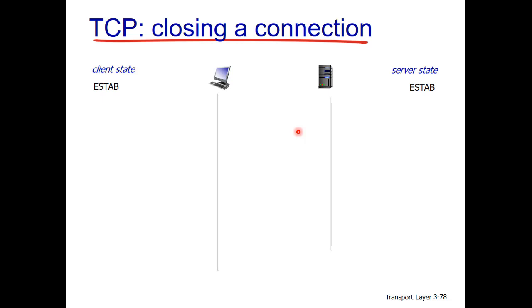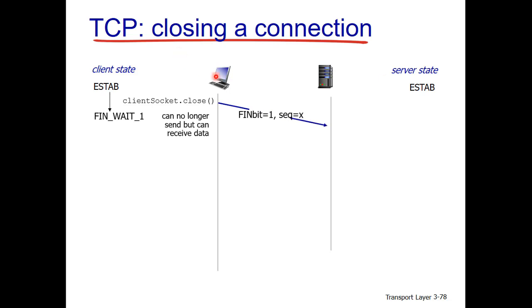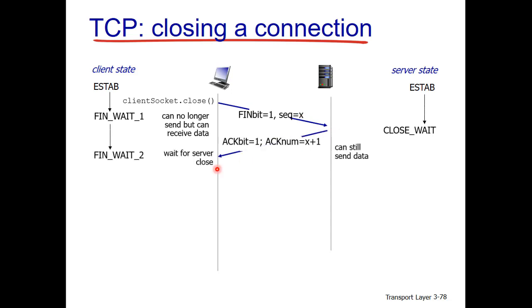So the connection is established between client and server, a TCP connection. If this client wants to close that connection, it sends a segment with a fin bit equal to 1 and a sequence number. This is again a randomly chosen sequence number. So it sends a packet with the acknowledgement bit equal to 1, okay, and acknowledgement number equal to x plus 1, okay.